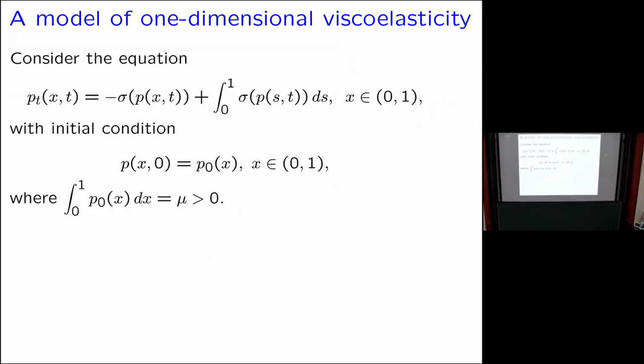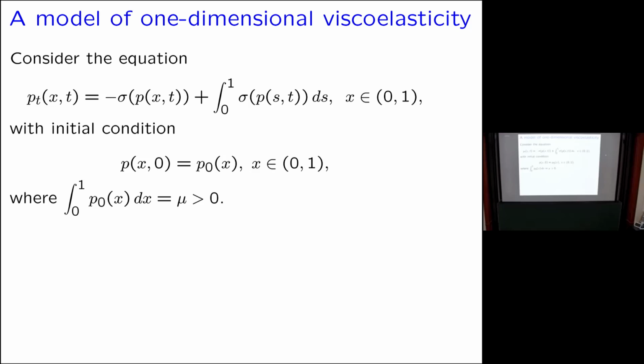Okay, so here's the model. Here's the equation. P is a function of x and t, x is in the unit interval. This is the time derivative, dp/dt, plus the integral from 0 to 1 of sigma of p of s. Actually, you don't have to have 0, 1 here. You could replace it by any bounded open subset of R^n, and then you just replace this by the average over the subset of R^n, and that's actually completely equivalent to this problem.